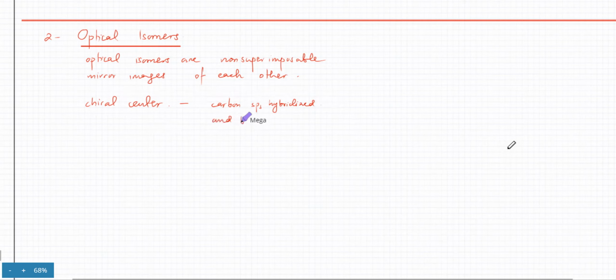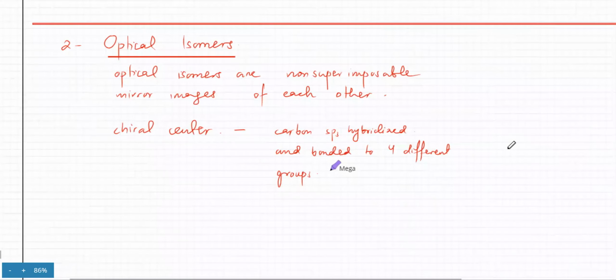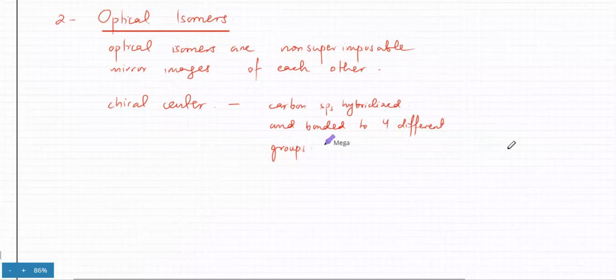Now this is very important. It's bonded to four different groups. So optical isomers, chiral centers.